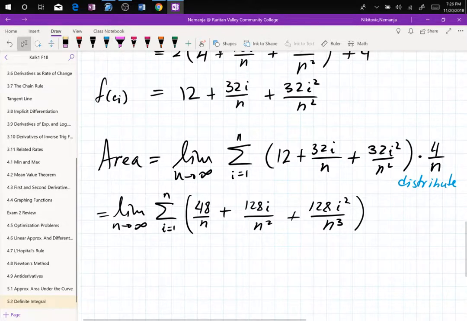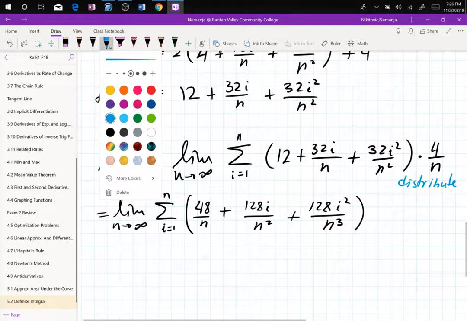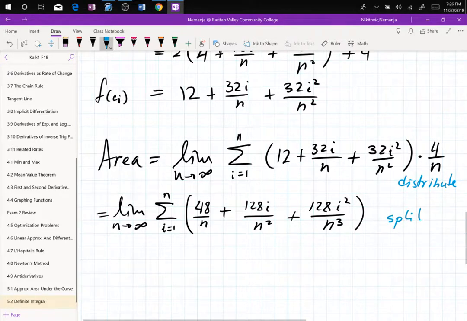So now when we distribute, next one is split. We split this, each term gets its own sum. Because you can split addition, right? So limit n goes to infinity.